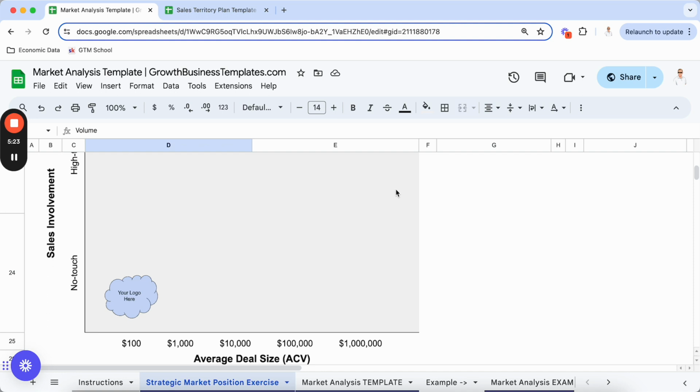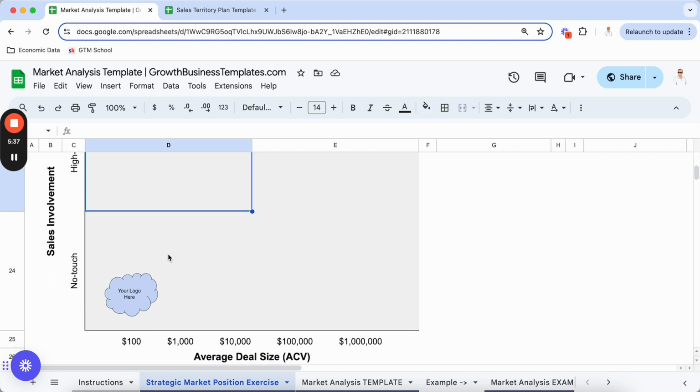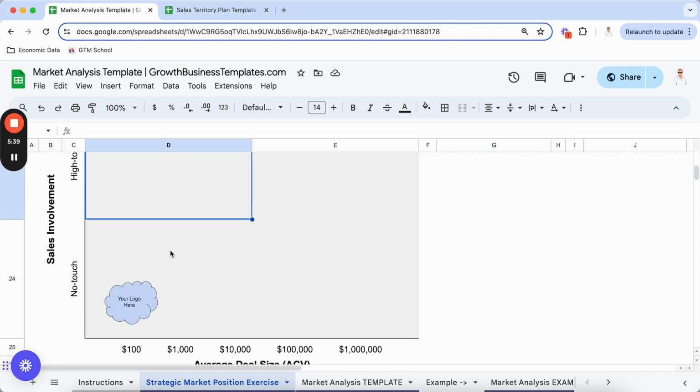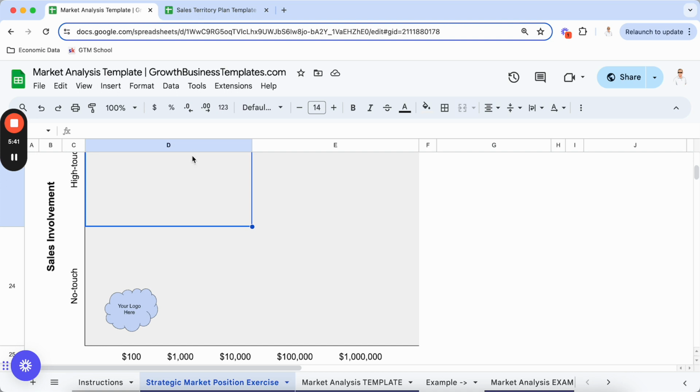But if you find yourself with a very high touch process up here, with an average deal size of 1,000, you better be very careful and have a very good understanding of your unit economics for how much you're paying to acquire a customer and what the lifetime value of that customer is. Because in most cases, SaaS companies are not charging enough money, and they're spending too much upfront to acquire them.